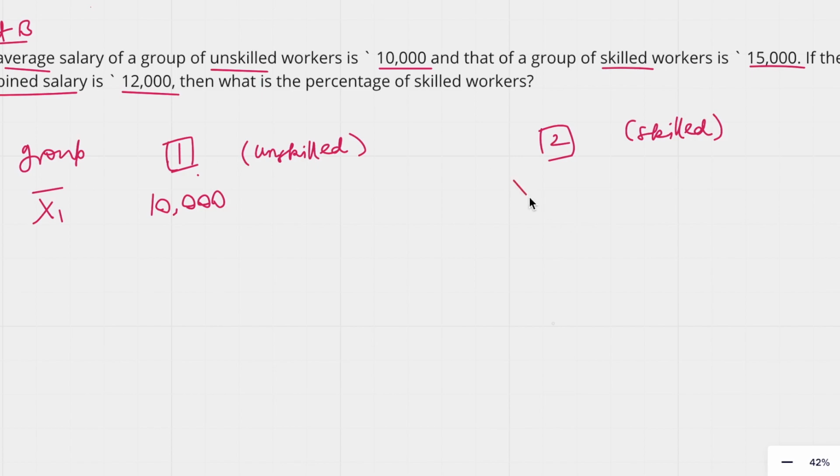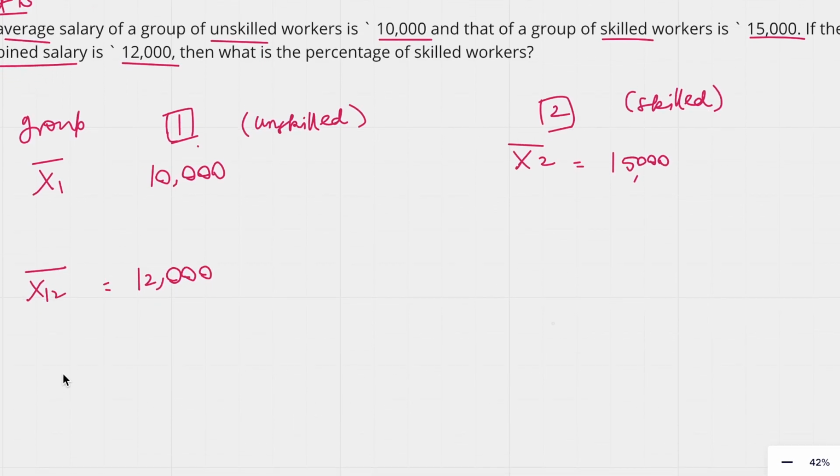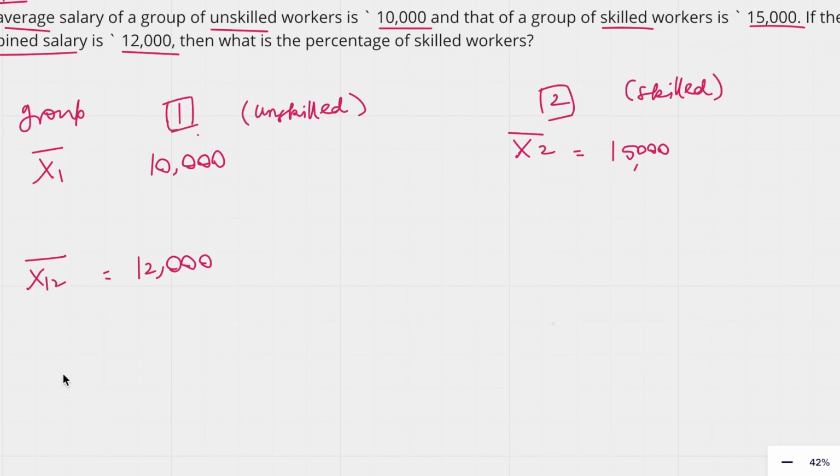And the arithmetic mean of the second group, x2 bar, will be 15,000. And the combined mean, x12 bar, will be, combined salary is 12,000. What is the percentage of skilled workers is what they are asking you to find out.